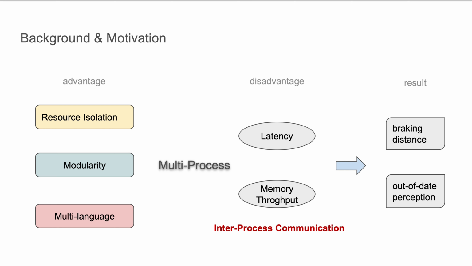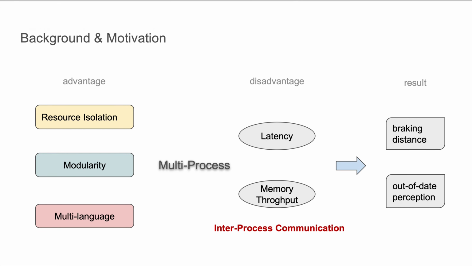And this model has its disadvantages, such as latency introduced by inter-process communication. At the same time, memory throughput will become high due to memory movement.